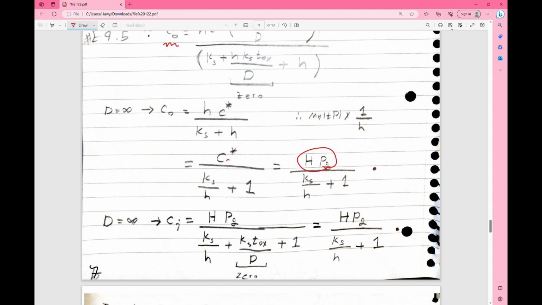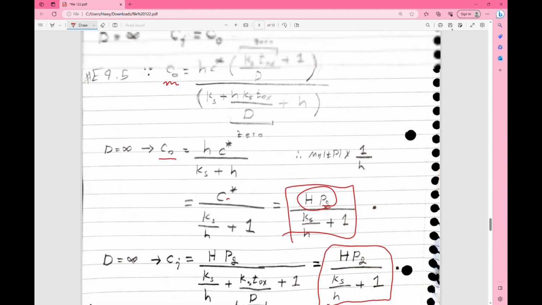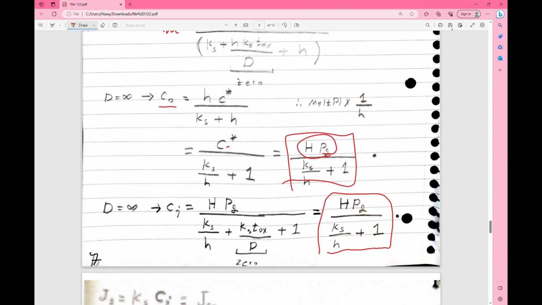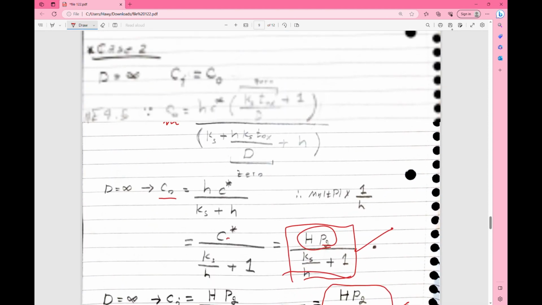If you look carefully, here we solve for Ci and here we solve for C naught. What you see is that actually Ci becomes equal to C naught. This solution is for C naught, and this solution is for Ci. Both of them are equal. This is what we have written here.